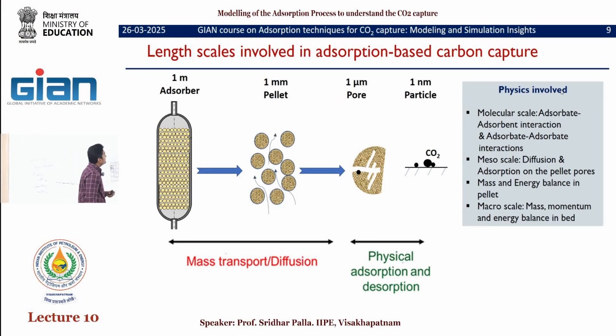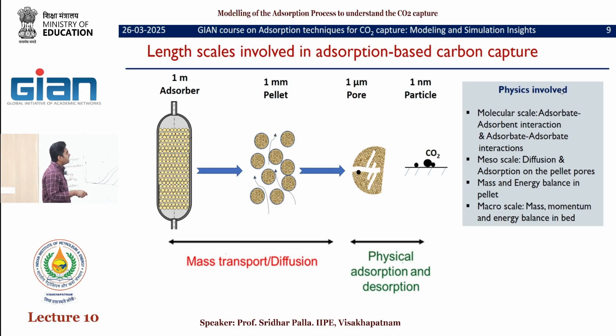Now coming to the various length scales involved in this system, this is a very nice figure where the particles, the porous pellets, are packed. This adsorber that we see is at the 1 meter length scale.